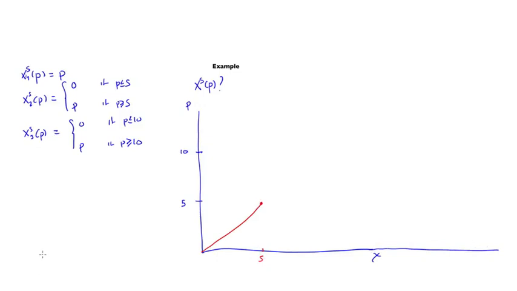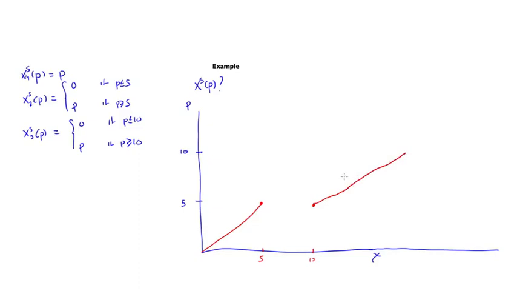Now, what happens at price 5? At price 5, the second firm becomes active. It can either supply 0, in which case we are still here, or it can enter and supply at this point at a price of 5. So it can also be the case, I hope it's easy for you to see, that at a price of 5, we can be at that point, and that afterwards, the supply rises until price 10 with a slope of 2P.